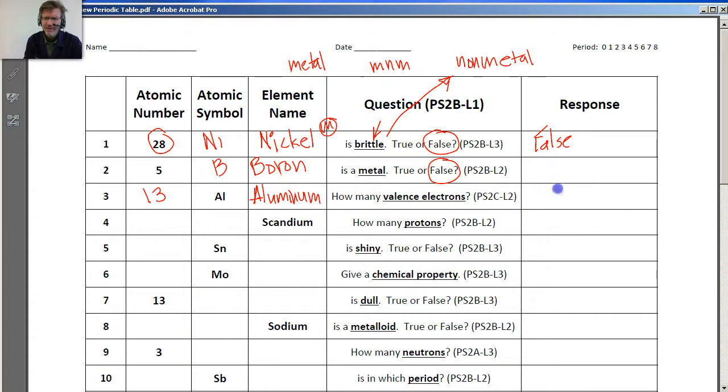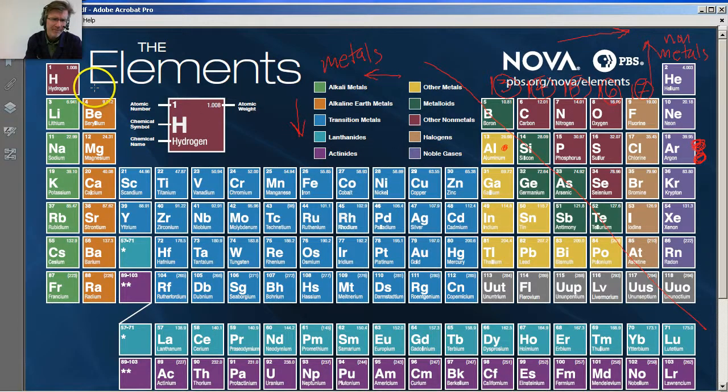You know, those valence electrons are used for reactions. We're going to talk about that in PS2C a little bit more. So just hang tight. Look at the group, the column that things are in. Remember that beryllium, or these guys, this is the alkaline earth metals, orange. These guys are in group 2. They have 2 valence electrons. And then those guys in group 1, they have 1 valence electron. The guys in group 1, alkali metals.